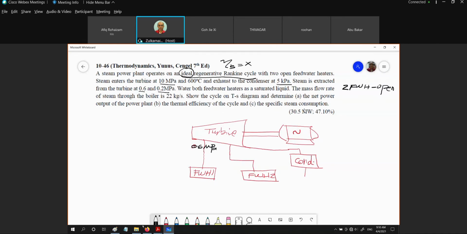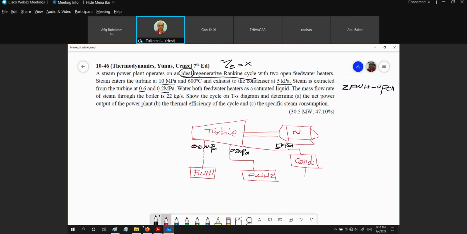And the second extraction should be at 0.2 megapascal. While the condenser pressure is given right here as 5, sorry, not 10, 5 kilopascal.